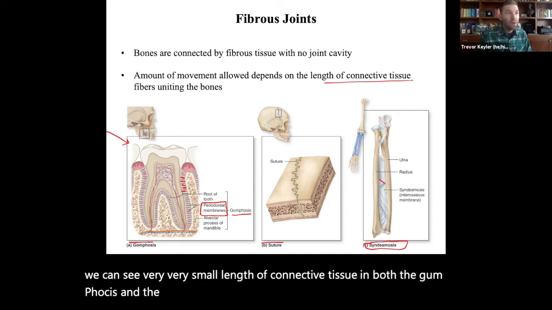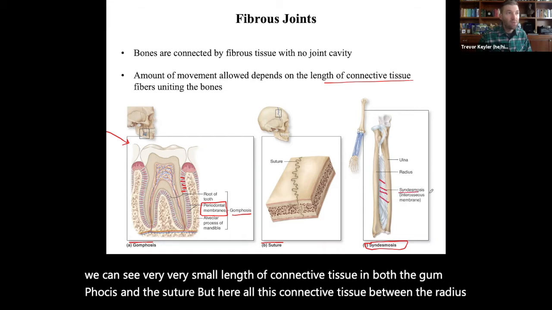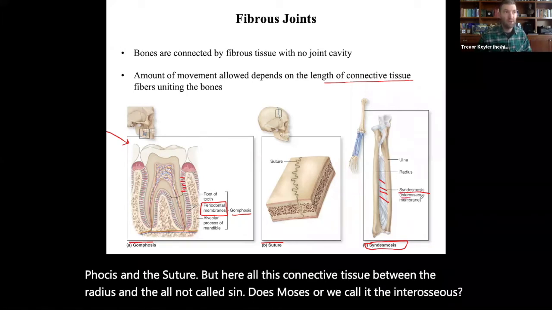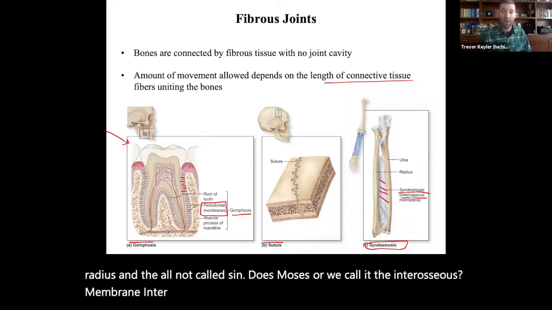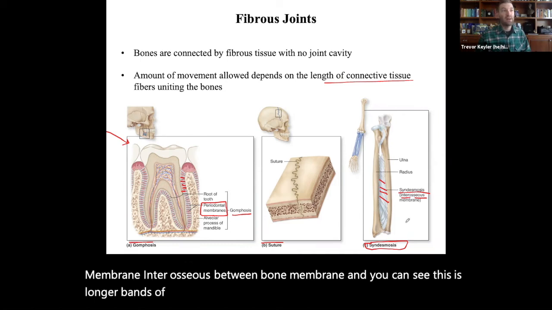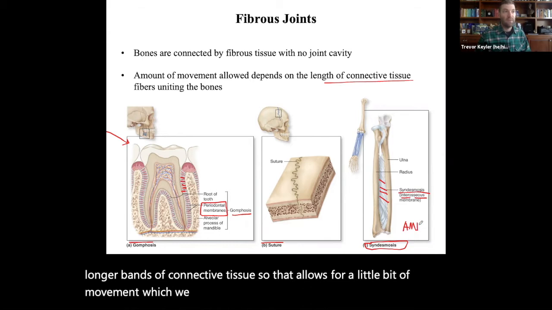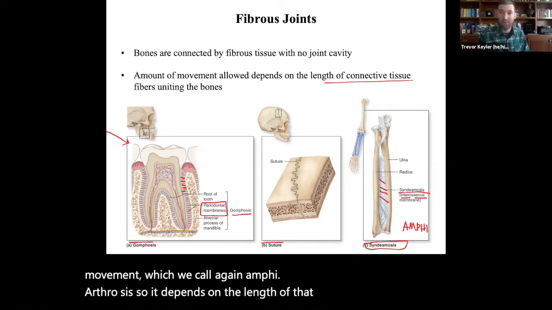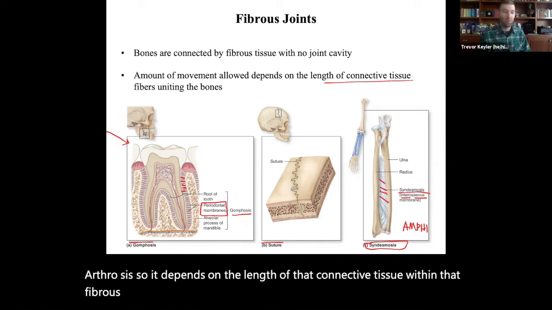But here, all this connective tissue between the radius and the ulna called syndesmosis, or we call it the interosseous membrane, interosseous between bone membrane. And you can see this is longer bands of connective tissue. So that allows for a little bit of movement, which we call, again, amphiarthroses. So it depends on the length of that connective tissue within that fibrous joint, whether it's immobile or slightly mobile.